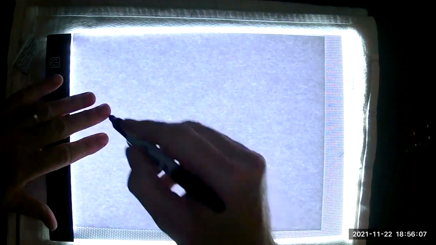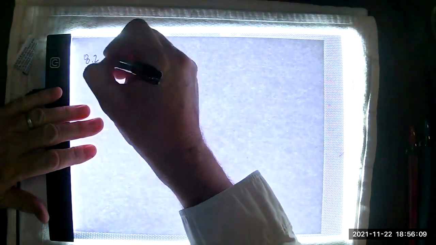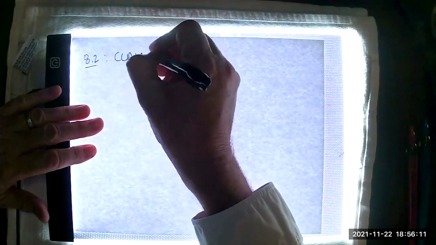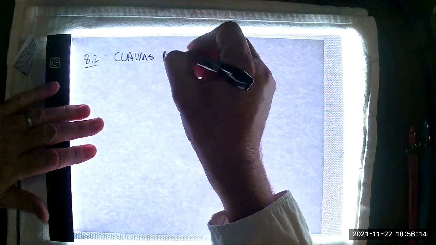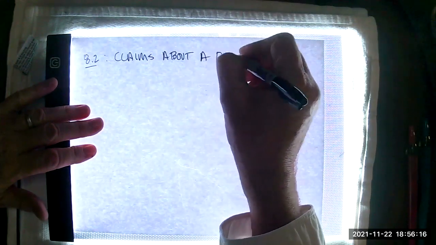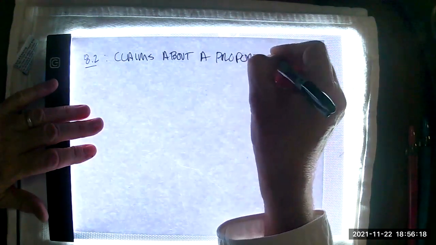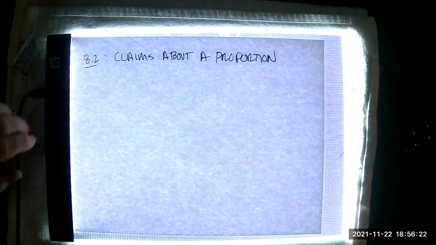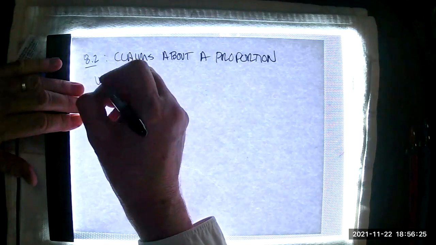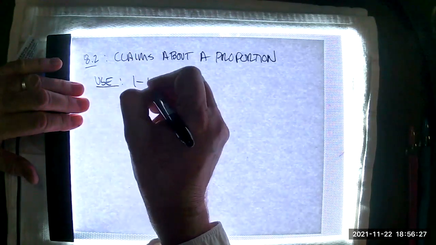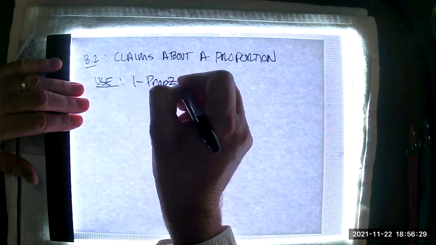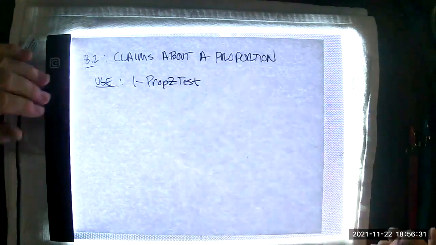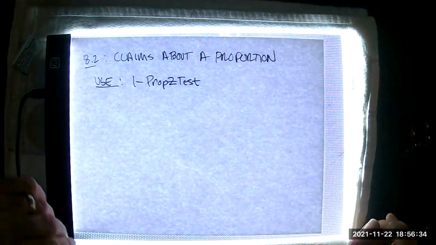8.2. Claims about a proportion. So this is where we'll use the one prop z test, not interval, z test.